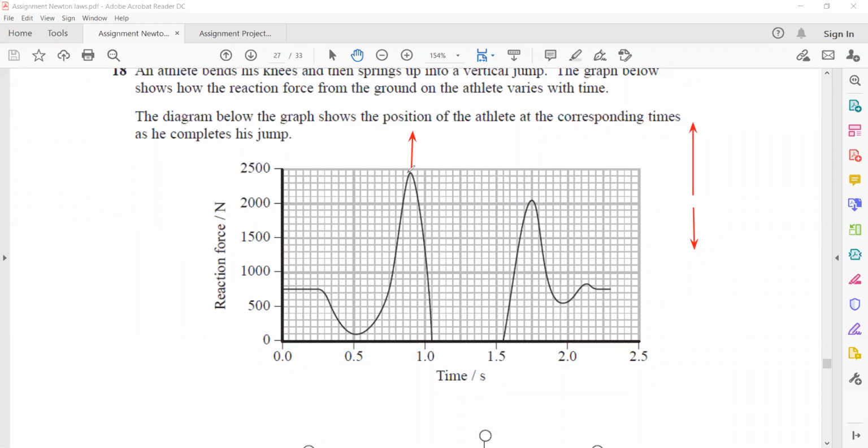That force is about 2,400, I will take. The weight is acting down. So 2,400 is the upward force, the weight is the gravitational force, and that equals ma. Or 2,400 minus mg equals ma.